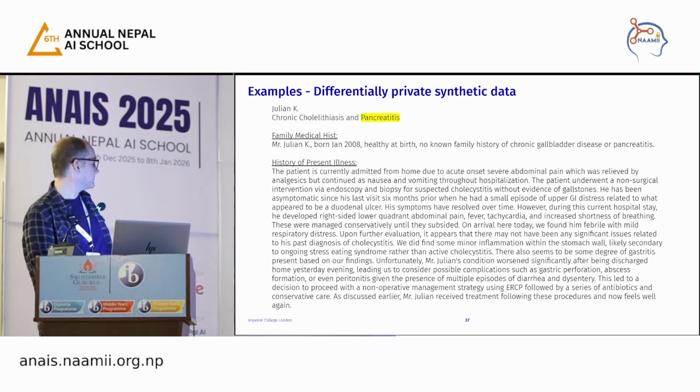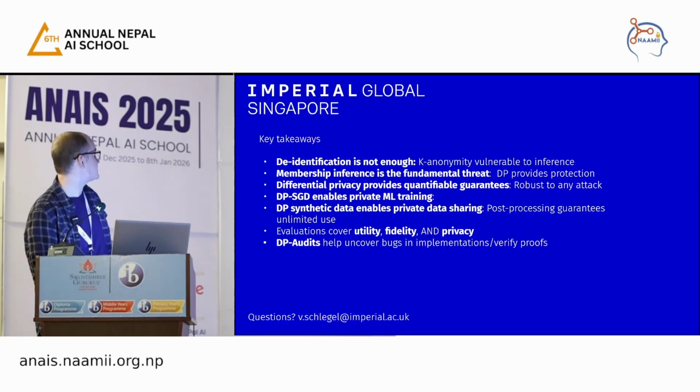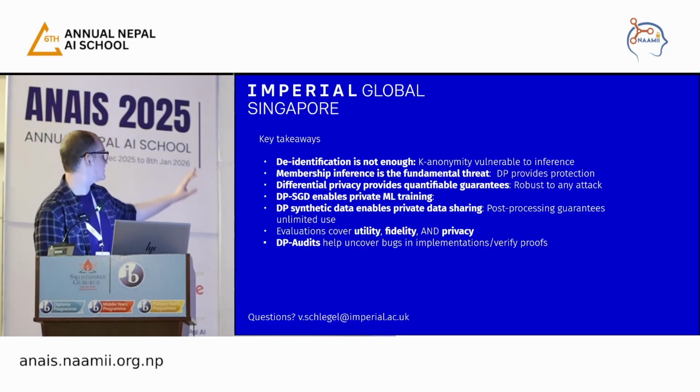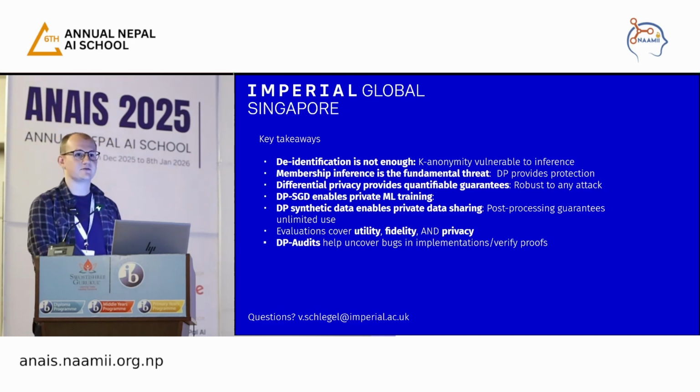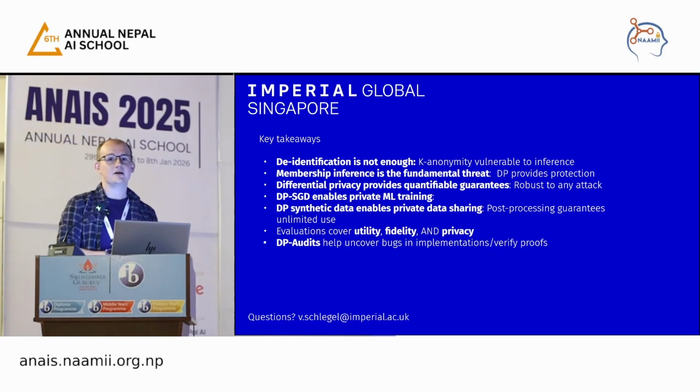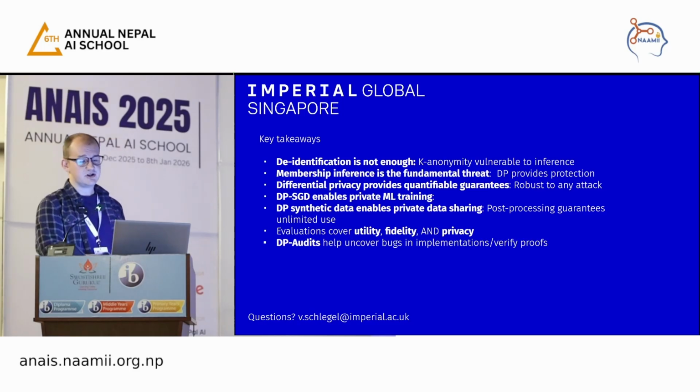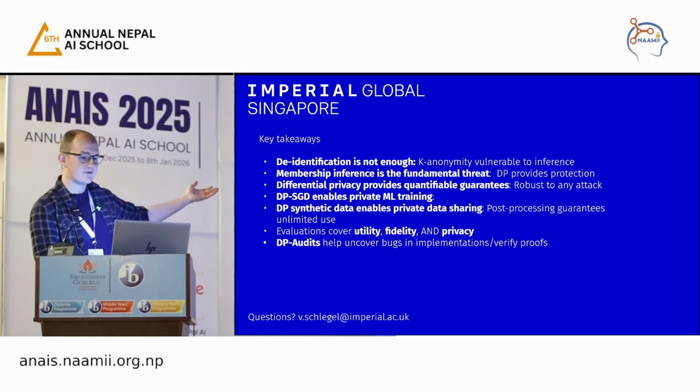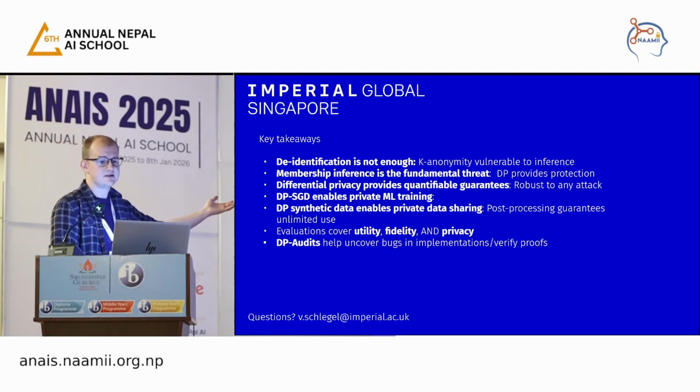So to wrap up, and this is the final slide with the ugly blue, which is not as ugly here. The key takeaways are, depending on your stance towards privacy, sometimes you need privacy, even if it's just mandated by law or to keep your competitive advantage. De-identification is not enough because we have shown examples that are vulnerable to inference.